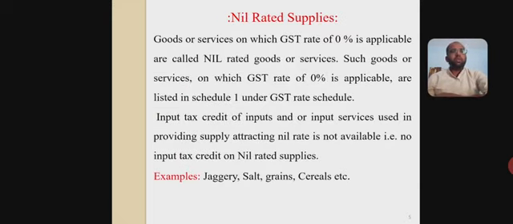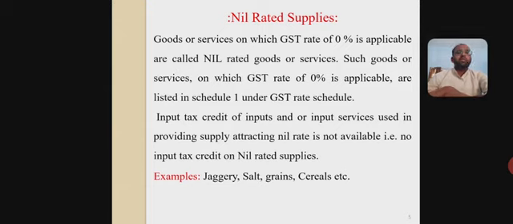The next one is nil rated supplies. The goods or services on which GST rate of 0% is applicable are called nil rated goods or services. It means these are taxable supplies which fall under zero rate of tax. Here the tax rate is 0%, and that is called nil rated supplies.